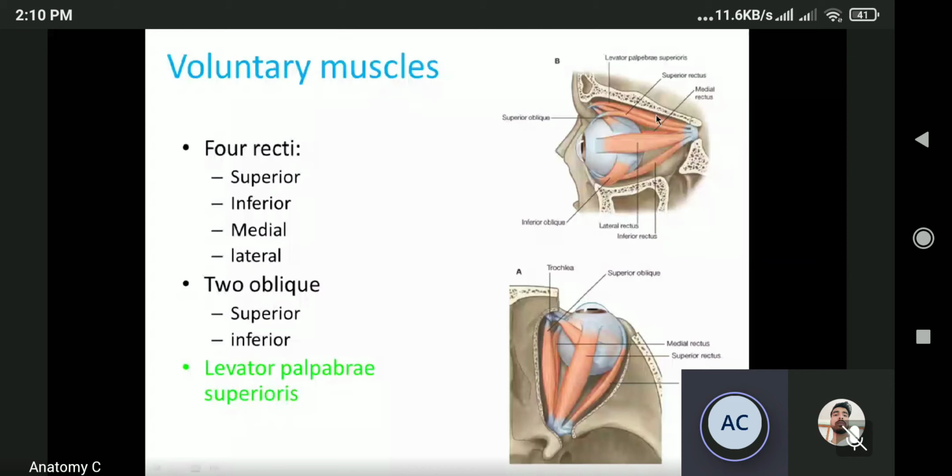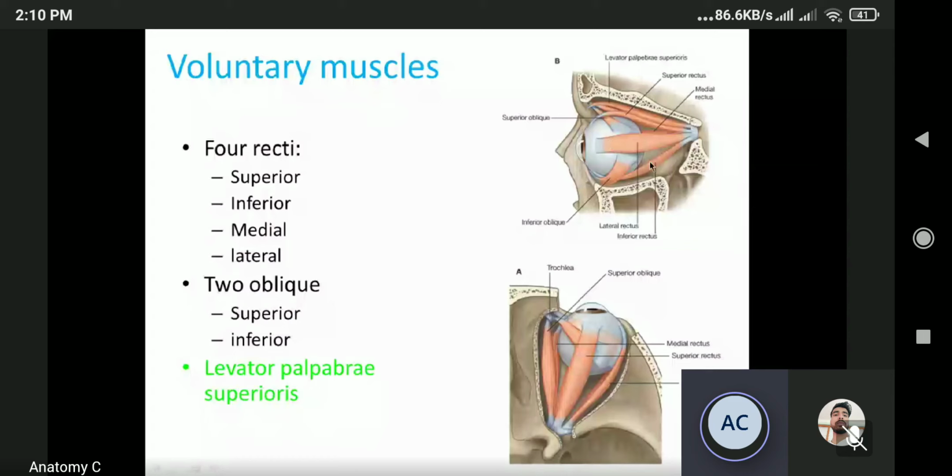This is the superior oblique, coming obliquely over here. This is the inferior oblique. This is the lateral rectus. On the medial side, this is the medial rectus, and this is the inferior rectus. So: superior rectus, inferior rectus, medial and lateral, two obliques, and levator palpebrae. These are all the voluntary muscles.